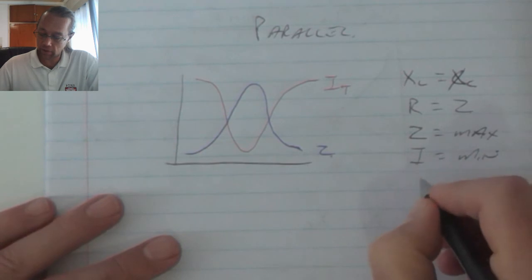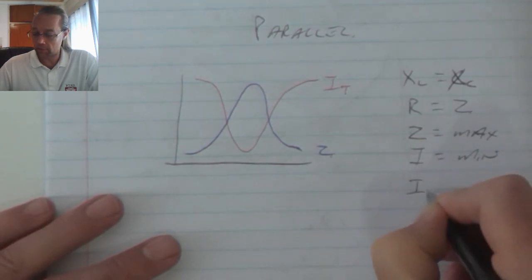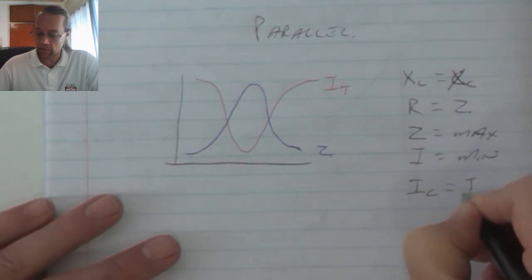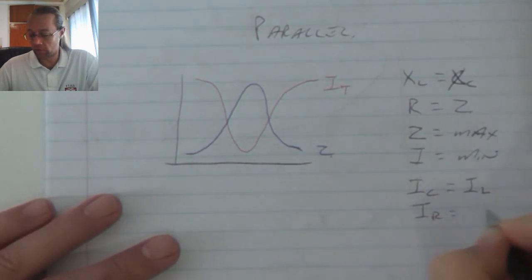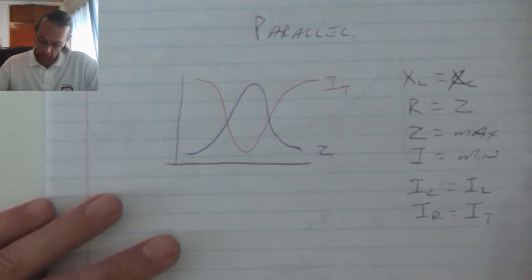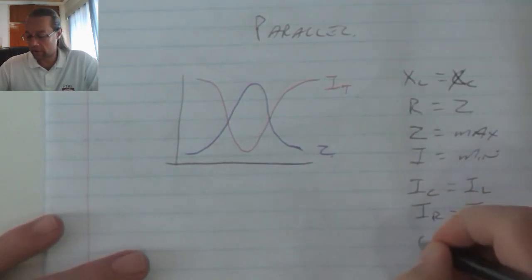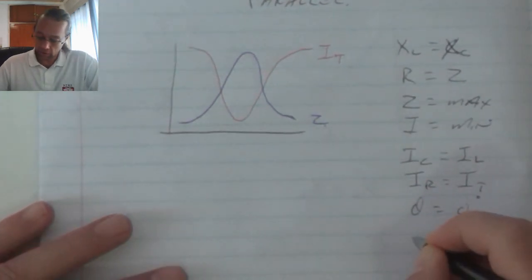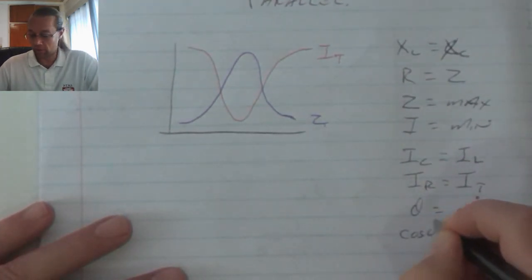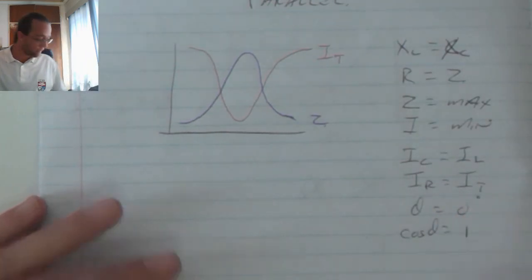Because this is a parallel circuit, we know that the capacitive current and the inductive current are going to be equal. The resistive current is equal to the total current. Again, phase angle is 0 degrees and the power factor is equal to 1.